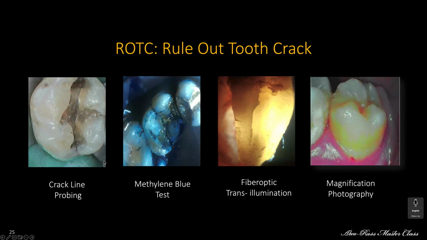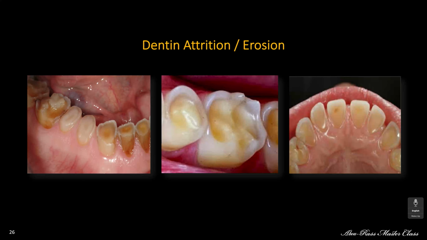Again, the crack line probing, the use of methylene blue, the fiber optic transillumination, and the magnification and photography. The dentin attrition, this is erosion, attrition, and this is erosion.